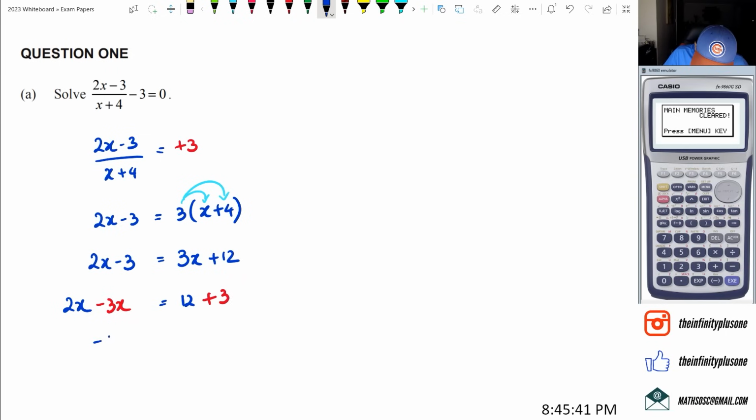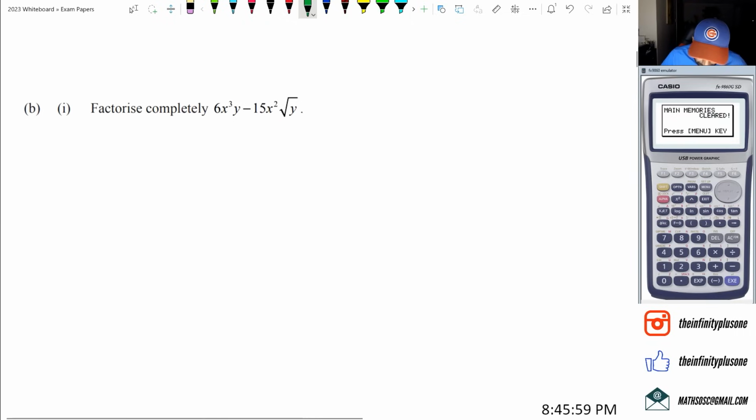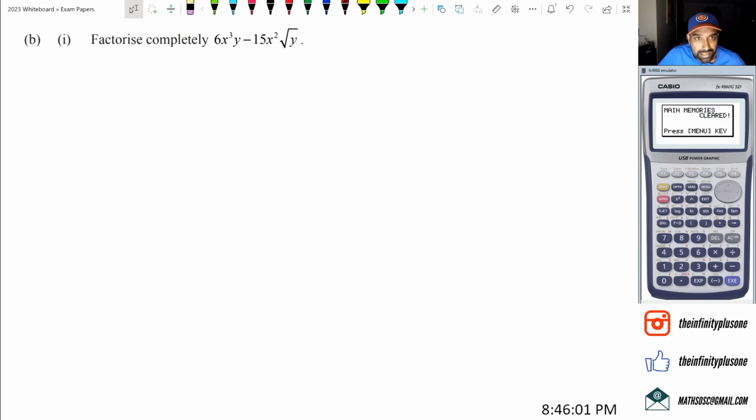So what we end up with is negative x is equal to 15, or we can just say x is equal to minus 15. This question is worth an achieved, and you've got to get the correct solution to actually get an achieved. Alright, moving on to the second question.